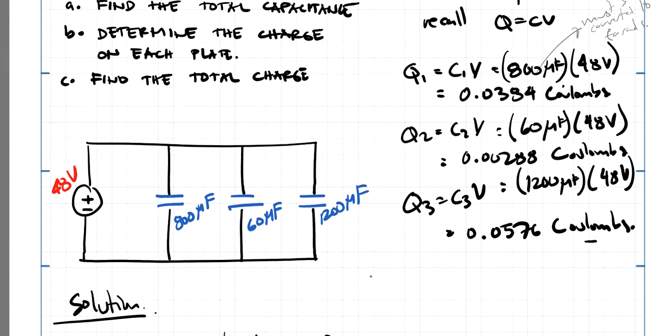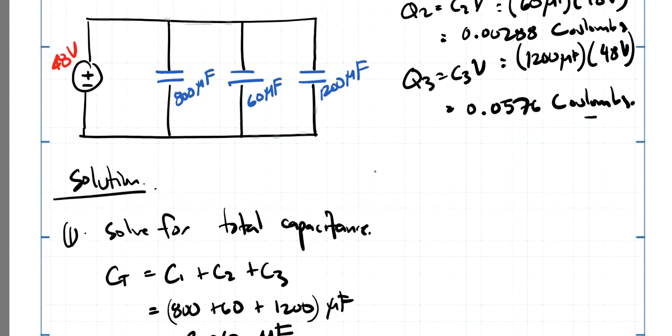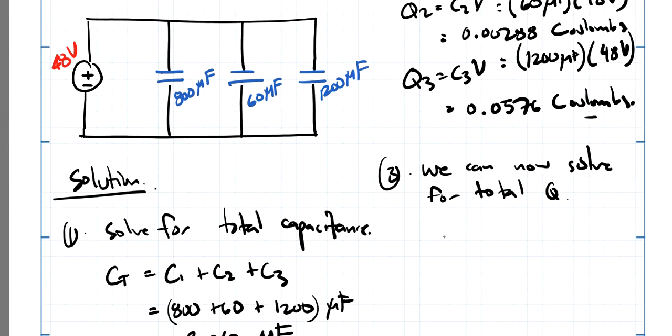Therefore, for step 3, we can now solve for total Q. Q total is simply Q1 plus Q2 plus Q3.